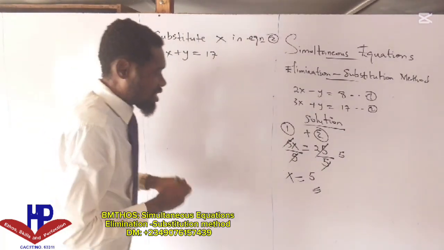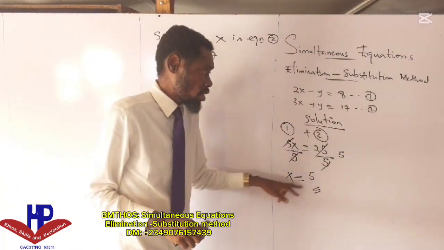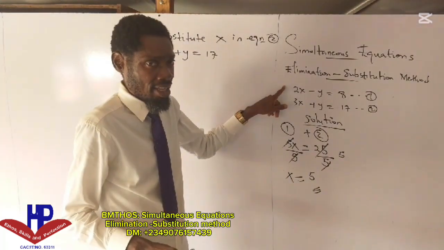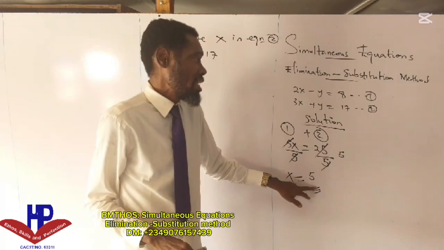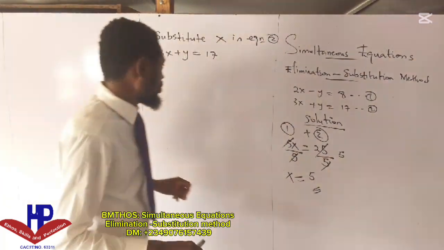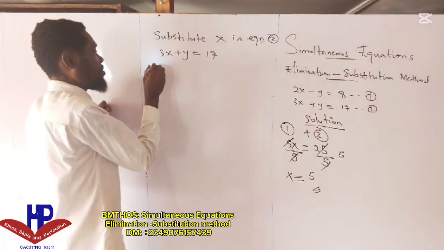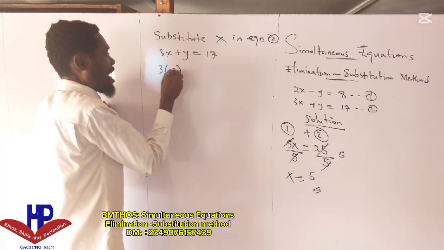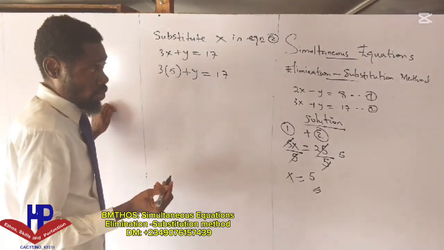Now, we are saying that x is equal to 5. Remember we got x is equal to 5 from the elimination. Now we have to substitute the value of x, which is 5, in equation 2. Anywhere you see x in equation 2, you write 5. That will be 3 into 5 plus y is equal to 17.